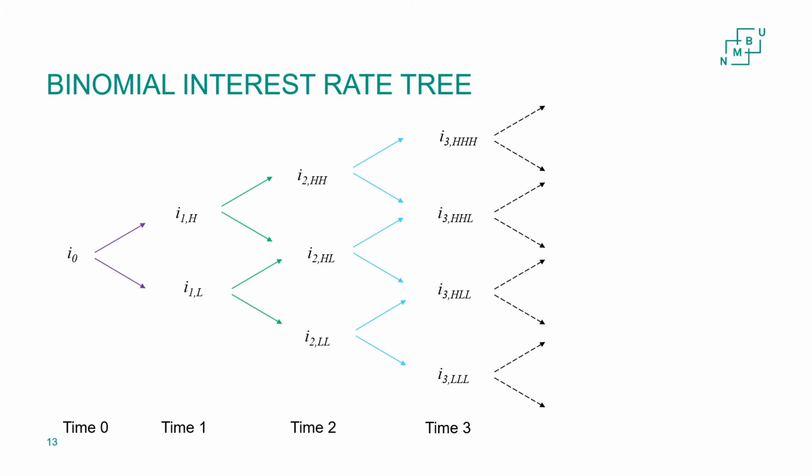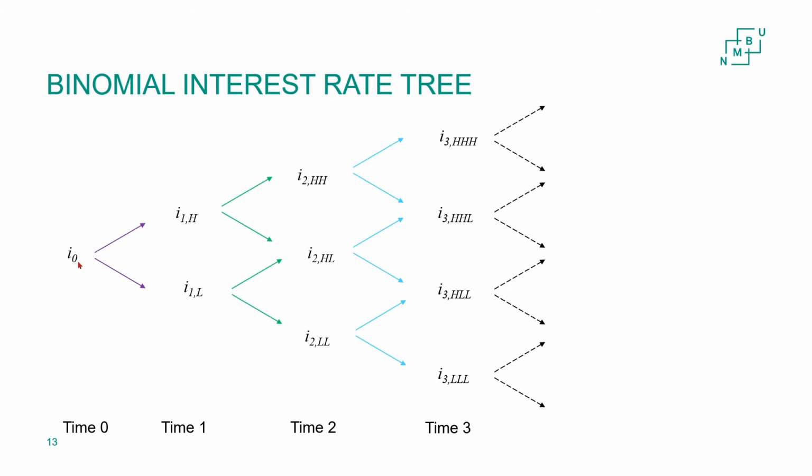Here you have how the interest rate tree actually looks. So you have at time 0 only one interest rate. It's the 0 year into 1 year interest rate, which is the interest rate with which you would discount the cash flow you get at time 1.